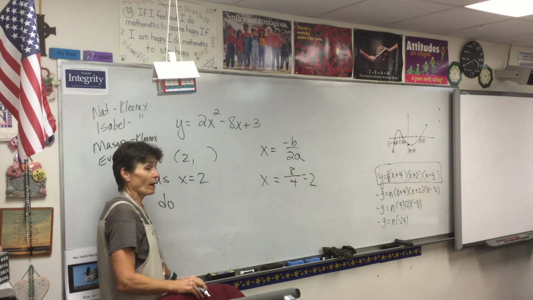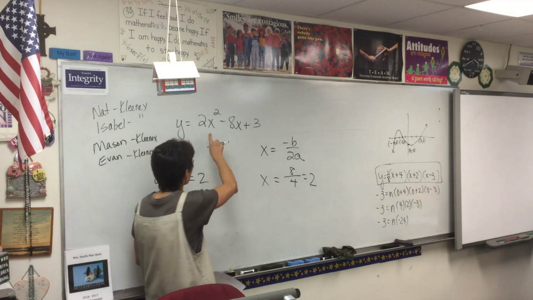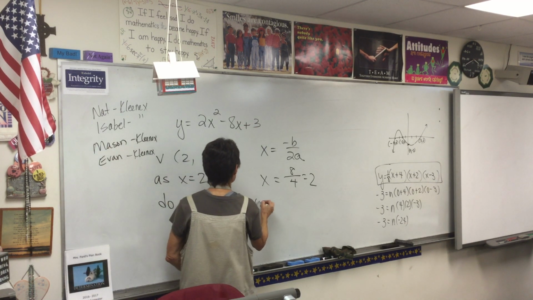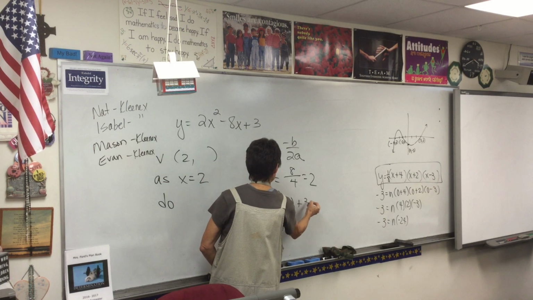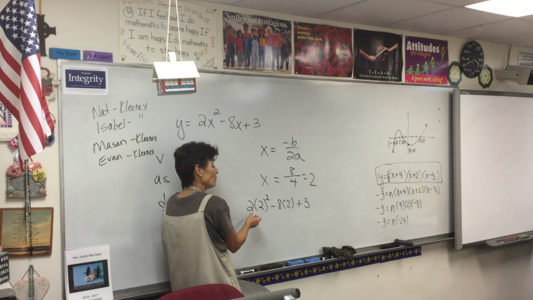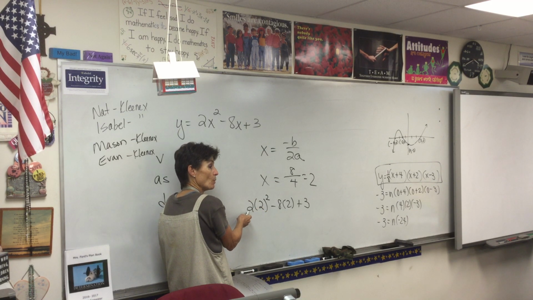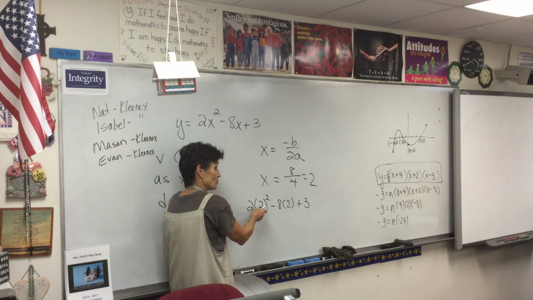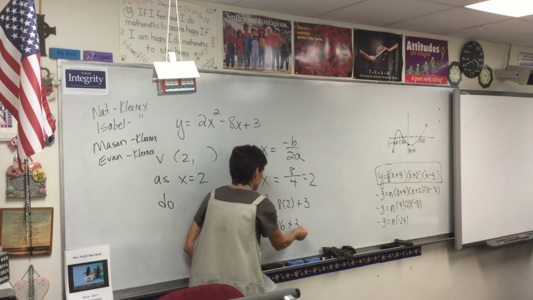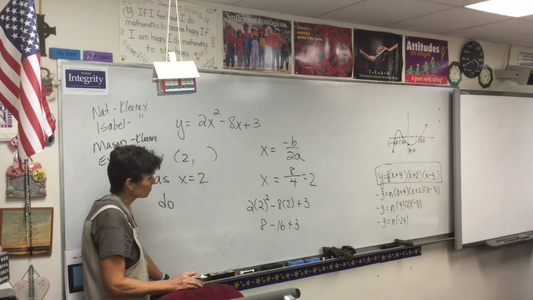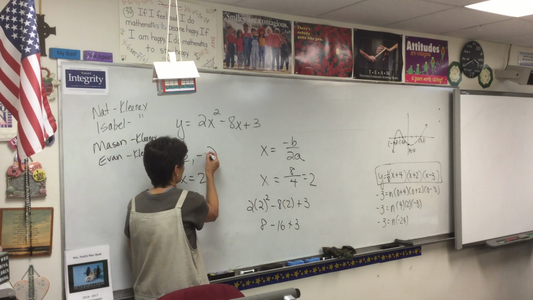So then how do we find the y part? Plug it in. We come back up here very carefully. So we have 2 times 2 squared minus 8 times 2 plus 3. When we do 2 times 2 squared, it's 2 squared times 2. So this is 8. Minus 16 plus 3, which adds up to negative 5.